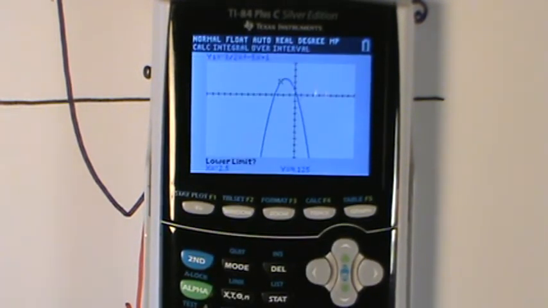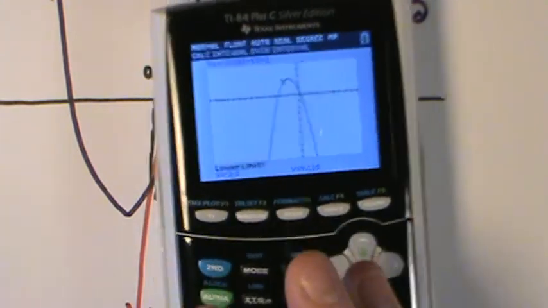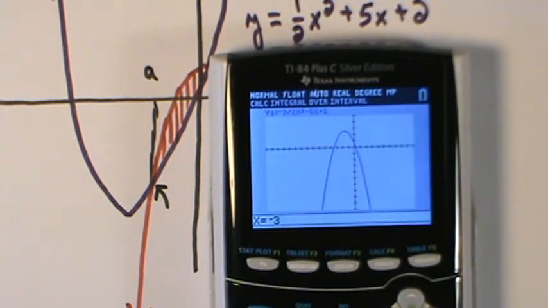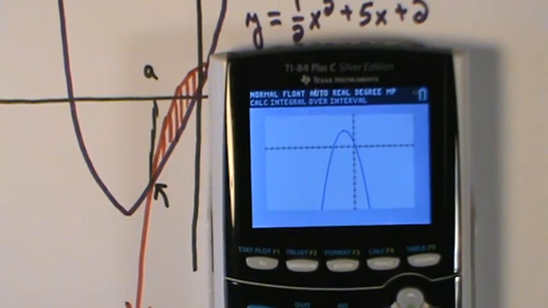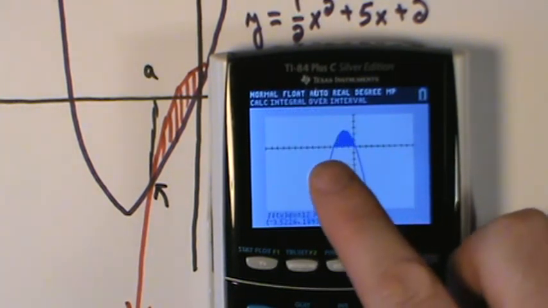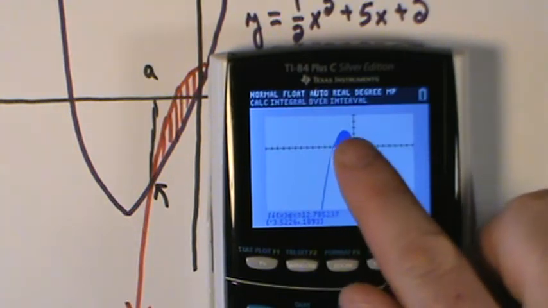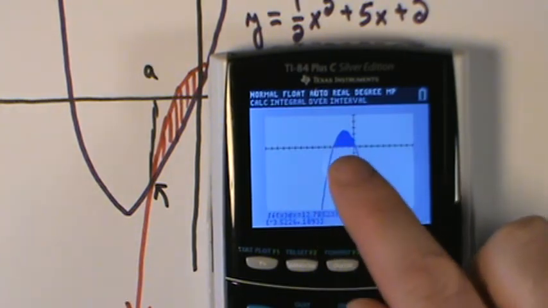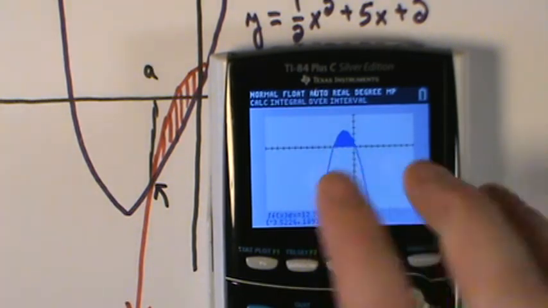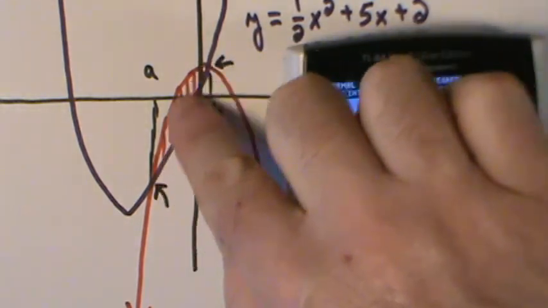It'll ask me, where do you want to start the lower limit? Well, I'm going to start at negative 3.5226, and I hit enter, and it'll ask for the upper limit, and that was 0.1893. When I hit enter, the calculator will shade all that region, and it'll report what that area is. The area that's being reported here is the same as the area right there.